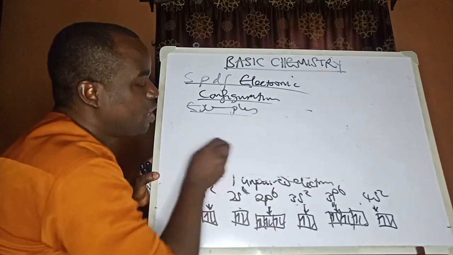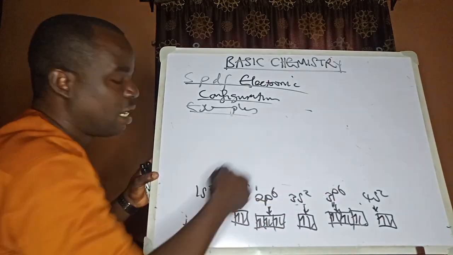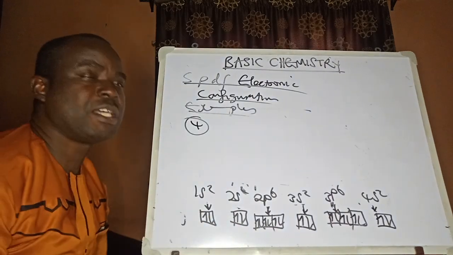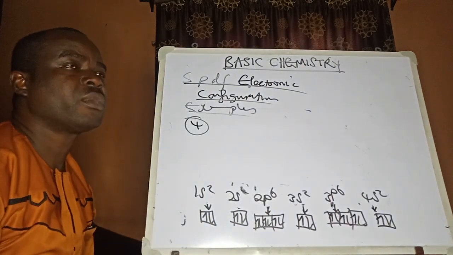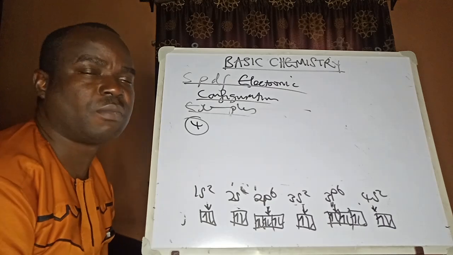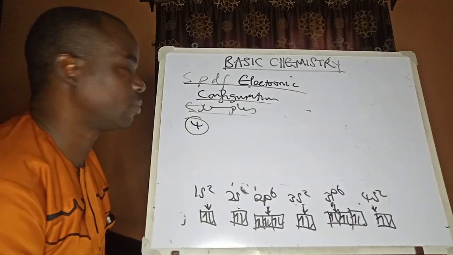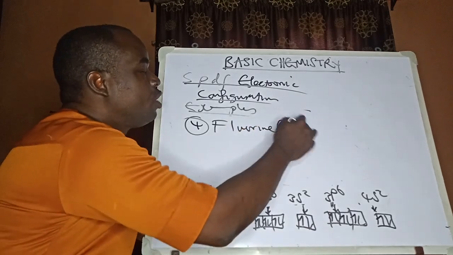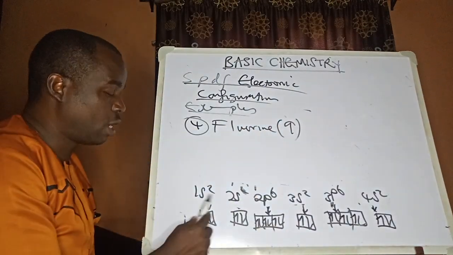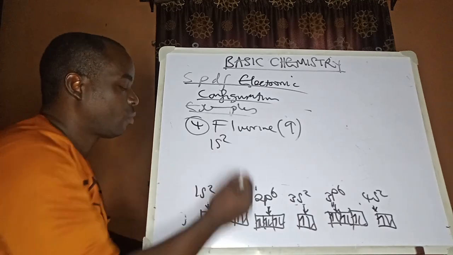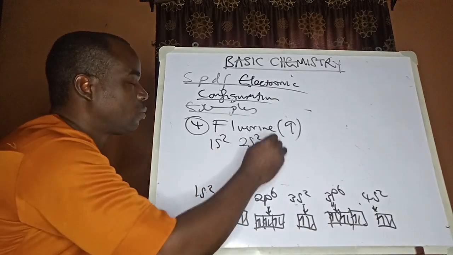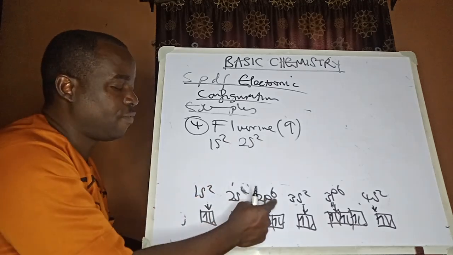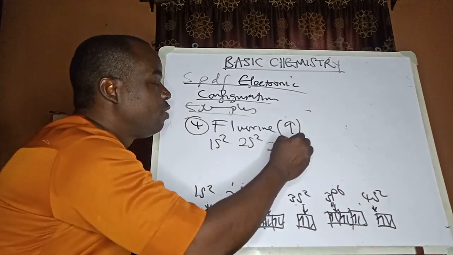Then you can do the electronic configuration of any element you are given. Which element do we pick now? Let us pick fluorine. Fluorine is number 9. So let's solve it now. So 1s2, 2s2. So since it's 9, I have 4 already here. So I pick 5 here. So it will be 2p5.